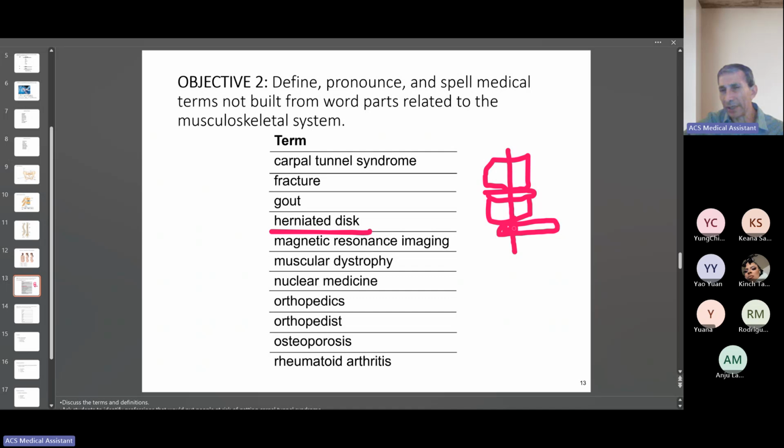It's going to swell right here, and every time you make a little movement, this is going to be very painful. That's a herniated disc. It is also called an impinged nerve. But it's called a herniated disc because it goes off the tracks. The disc is supposed to be here, but it moves outside.